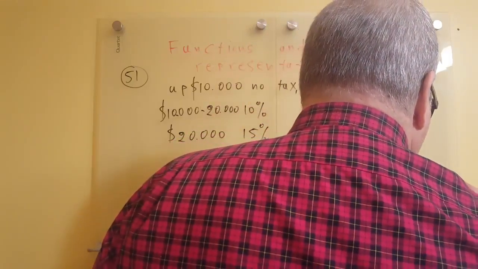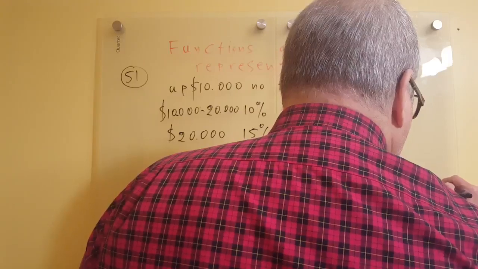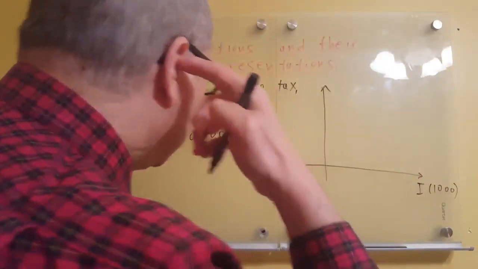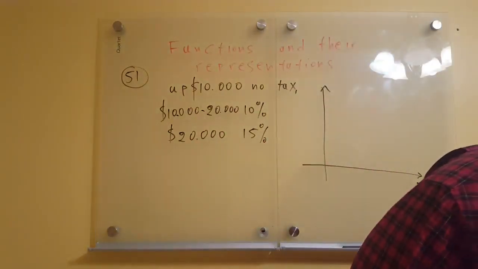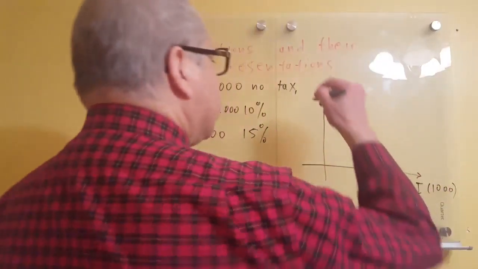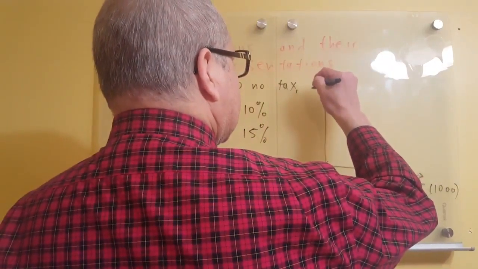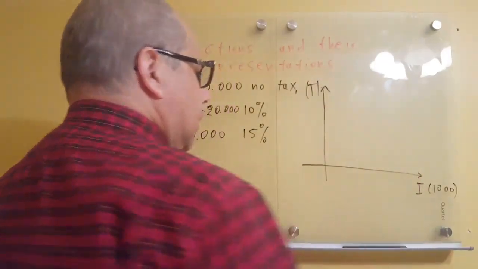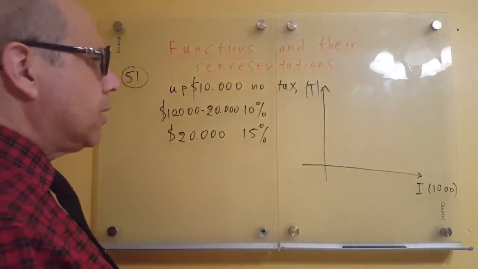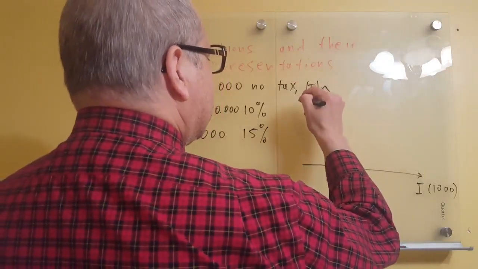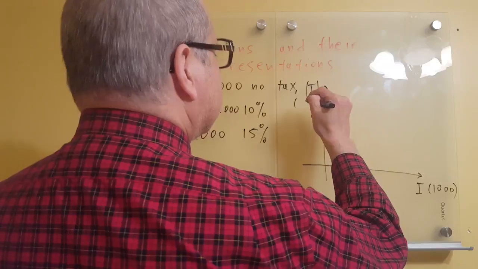Which we said again this is in thousands of dollars, the units, and here we put the tax, and the unit here should be just dollars.